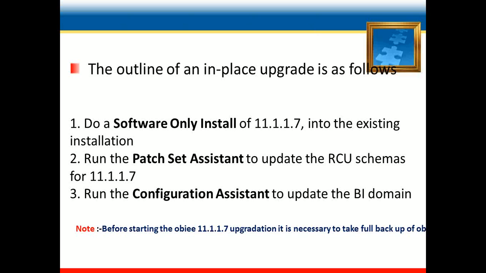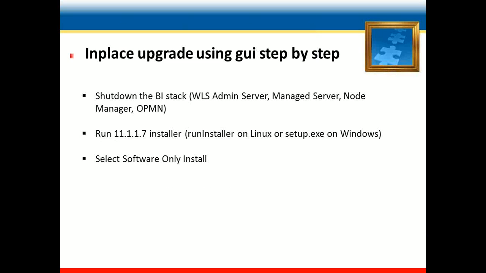Before this upgrade, we need to note that before starting the OBIEE 11.1.1.7 upgrade, it is necessary to take a full backup of the OBIEE applications. And then the in-place upgrade using the GUI, which I'm going to explain step by step.